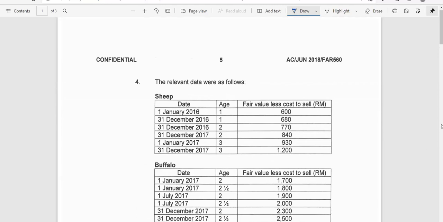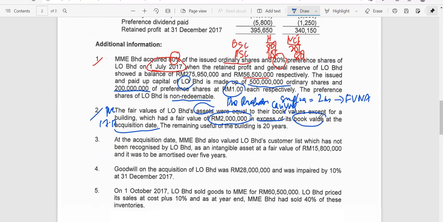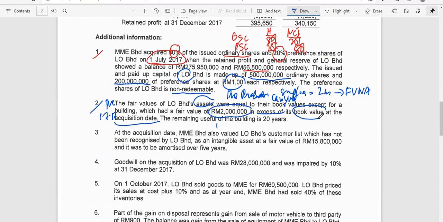So if that is the case, you also need to make an adjustment for under provision of depreciation, right? One is for the surplus, another one is for the under provision of depreciation, and that under provision of depreciation should be 2 million divided by 20 years. And if you do that, you will have 100,000.